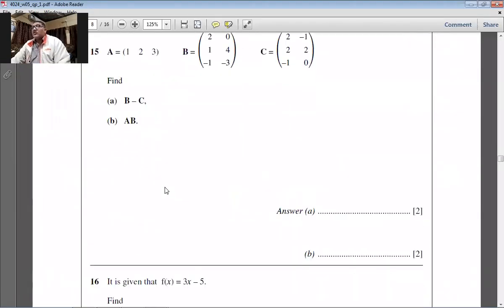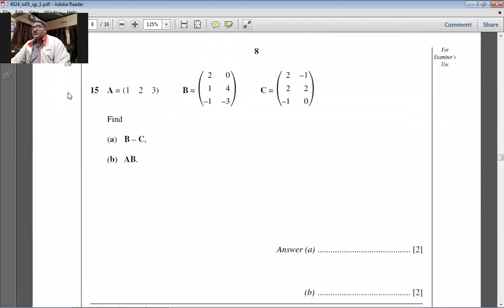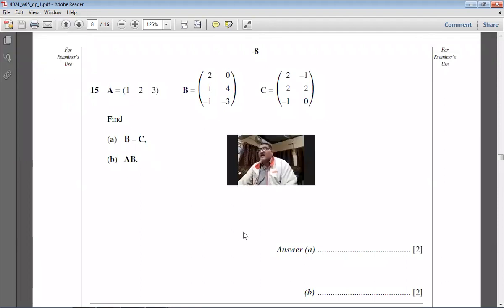Okay. So the next question coming up on your screen is question number 15. Here a matrix A is given, which is a single row and 3 columns, 1, 2, 3, and we have a matrix B, which has 3 rows and 2 columns, 2, 0, 1, 4, minus 1, minus 3.